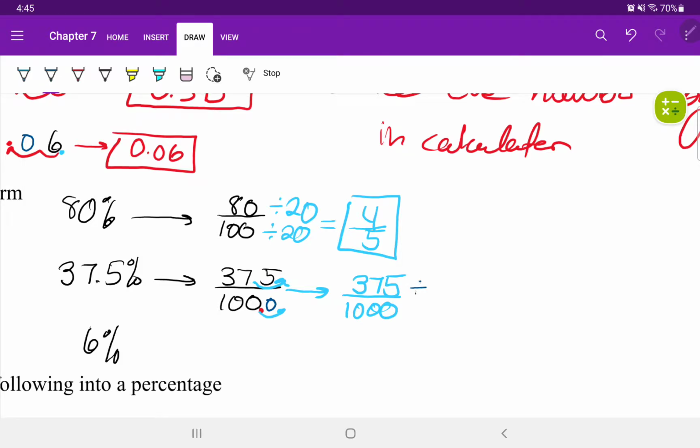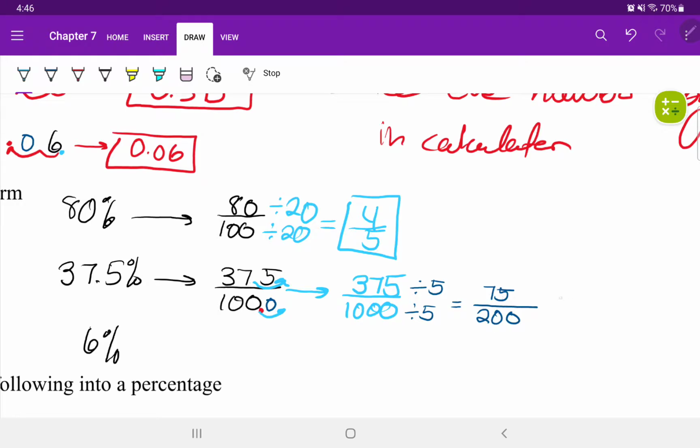So I'm going to divide 5 from my numerator and 5 from my denominator. 375 divided by 5 is 75. 1,000 divided by 5 is 200. I already knew in this case that dividing by 5 is not the greatest number, but I first want to make my number smaller so I can work with it, and then I can continue the process.